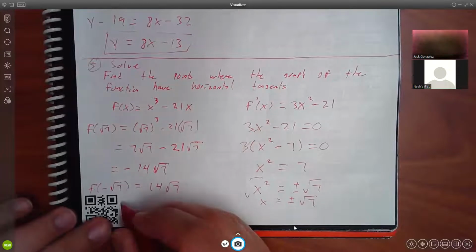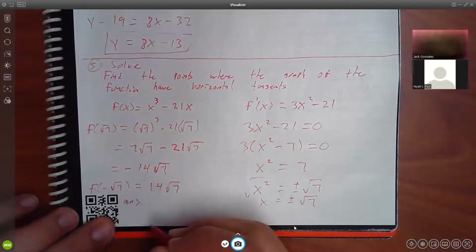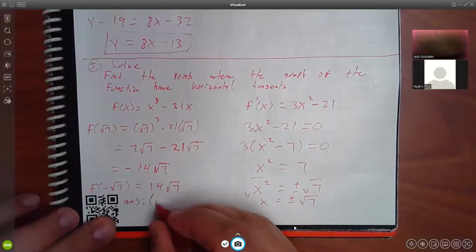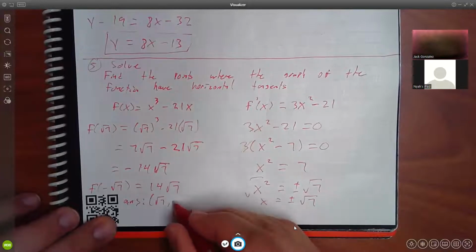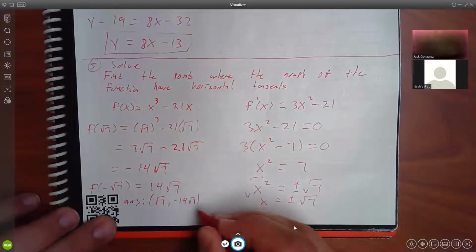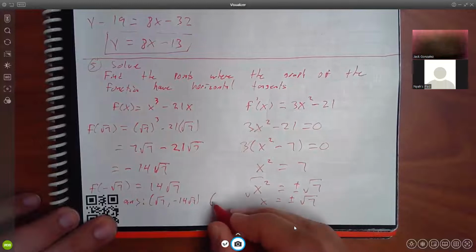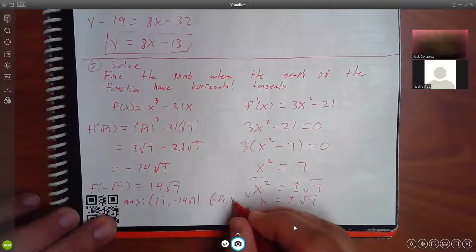So our answer is square root 7, comma, negative 14 square root 7, and negative square root 7, comma, 14 square root 7.